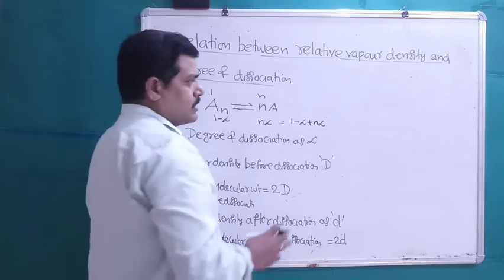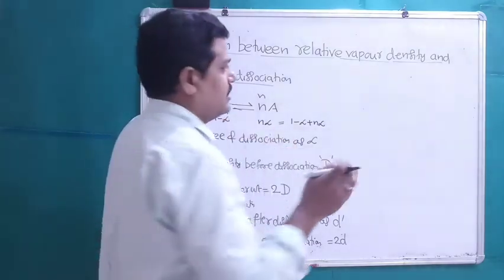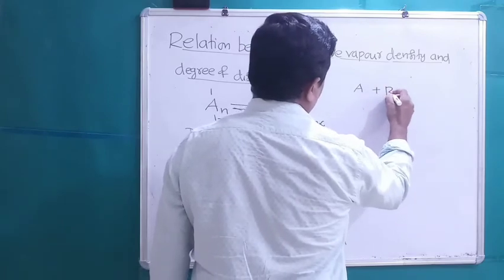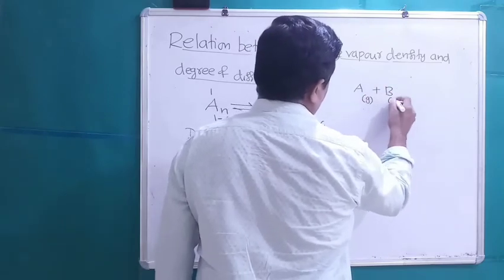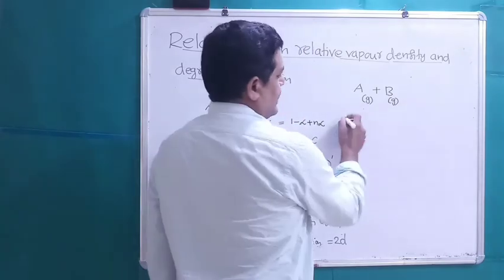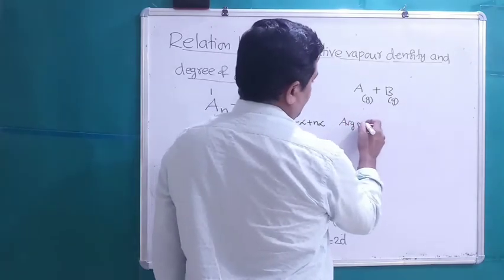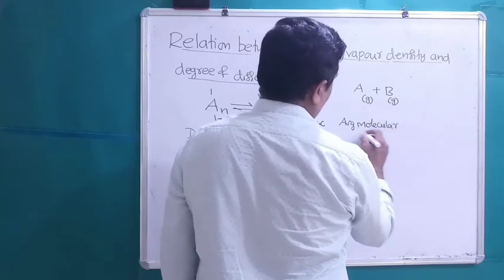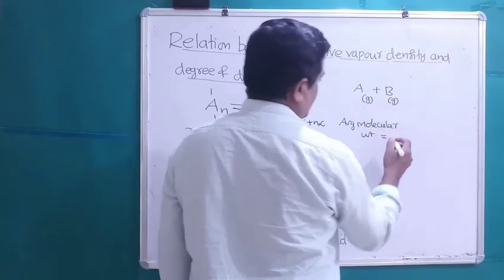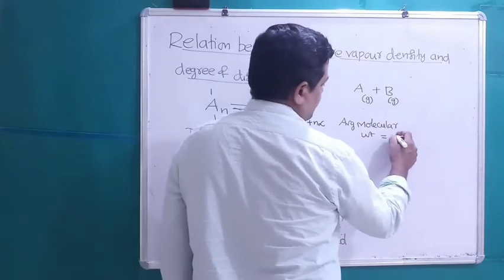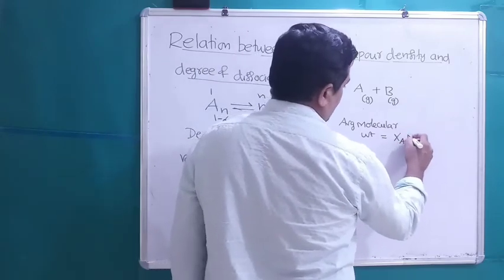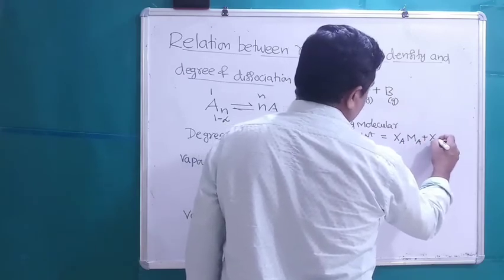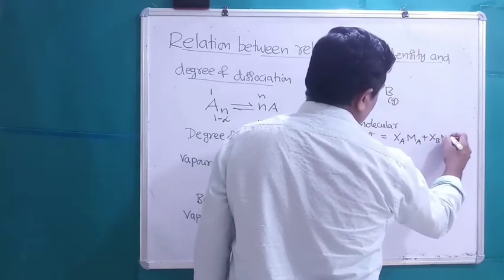Students, generally a gaseous mixture is given. For example, a gas A plus gas B is present in a mixture. Both are gases. Then the average molecular weight of the gaseous mixture formula is mole fraction of gas A into its molecular weight plus mole fraction of gas B into its molecular weight.